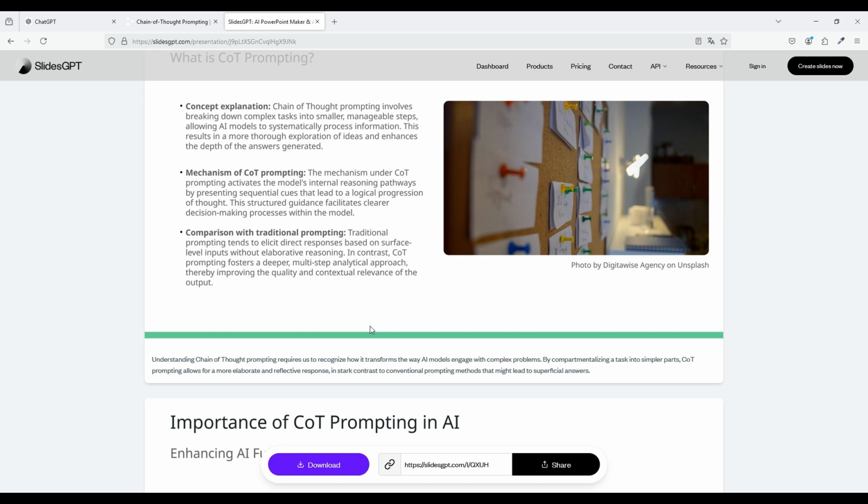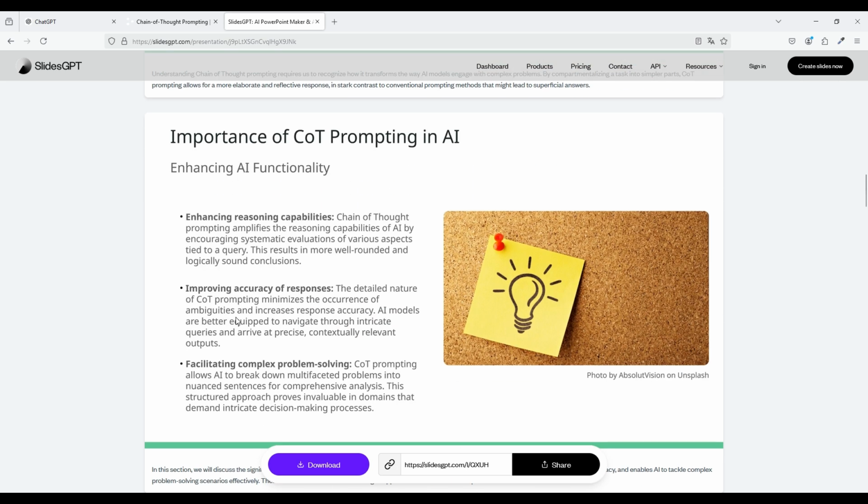And this is sometimes very bad if you skip these steps, especially if you explain some code or something like that. So traditional prompts tend to elicit direct responses based on surface-level inputs without elaborative reasoning. In contrast to this, chain of thought prompting fosters a deeper, multi-step analytical approach, which improves, of course, the quality.